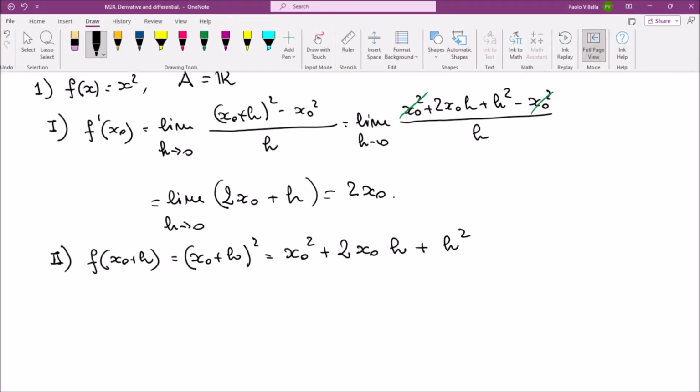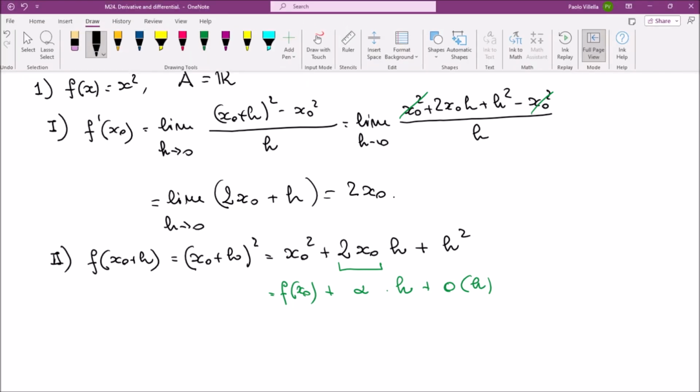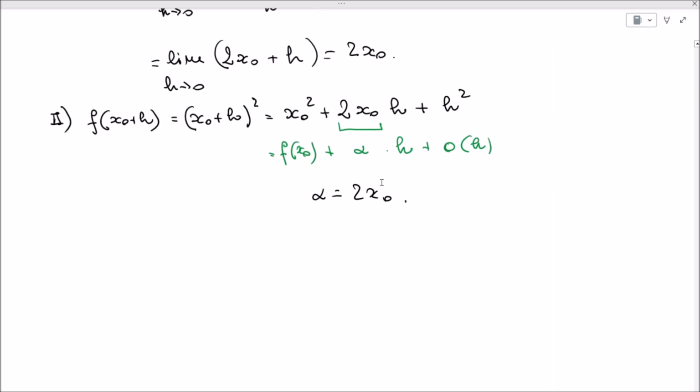And we recognize that this is f of x naught, because f of x naught is exactly x naught squared, plus alpha h, where alpha is exactly 2 x naught, plus little o of h. So yes, we have just proved that alpha is equal to 2 x naught.